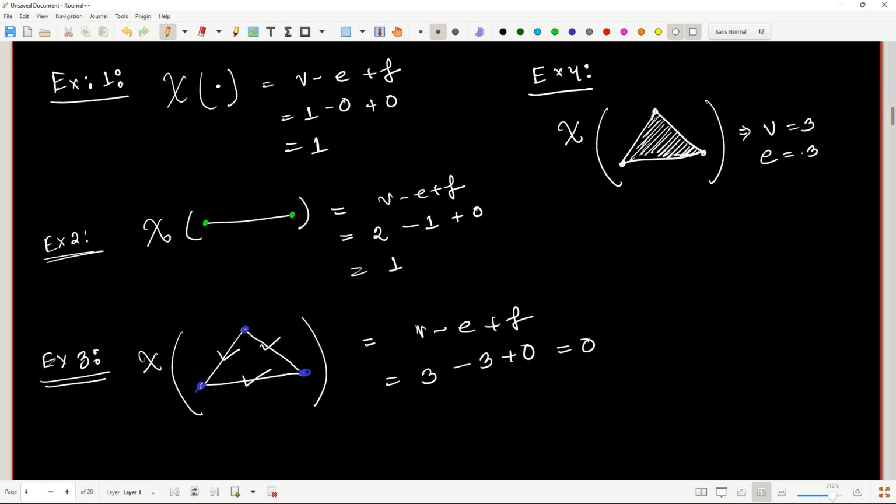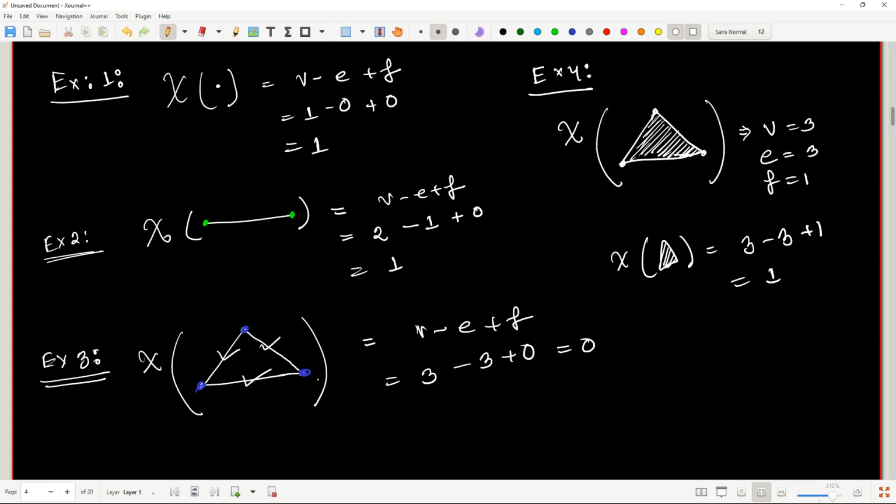There would be 3 edges. But now since this is filled in, it's a 2-dimensional surface, so there will be 1 face. So face is equal to 1. So our Euler characteristic for this solid triangle is just 3 minus 3 plus 1. This is just 1. So this immediately tells you that this hollow triangle is not homeomorphic to a solid triangle.